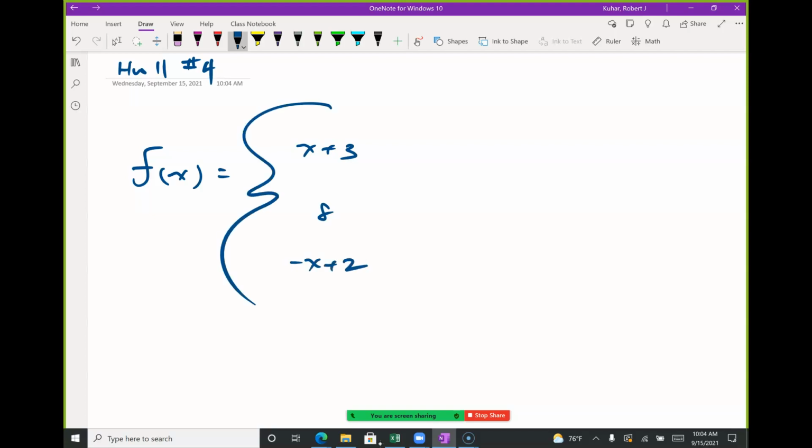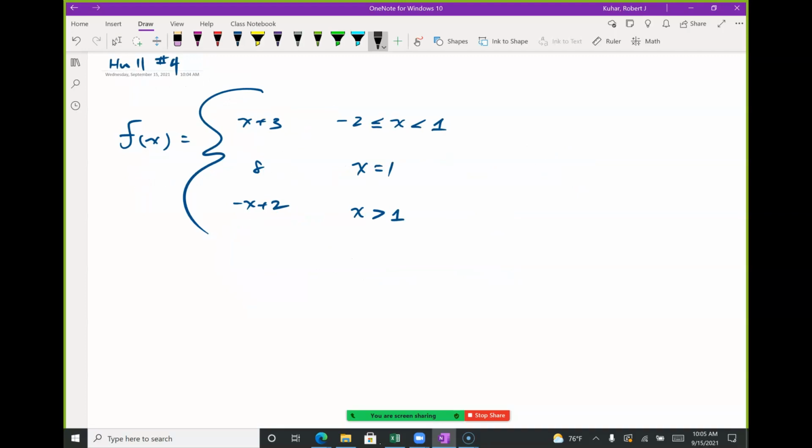Those are my 3 pieces with domains: the first is going to work from -2 inclusive to 1. The second is a singleton point. And then the last one is when x is greater than 1. So I'd like to graph all of these. They're pretty easy.